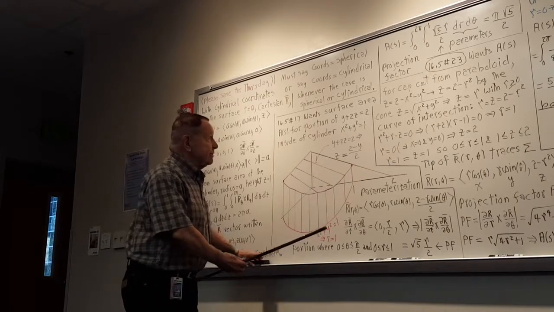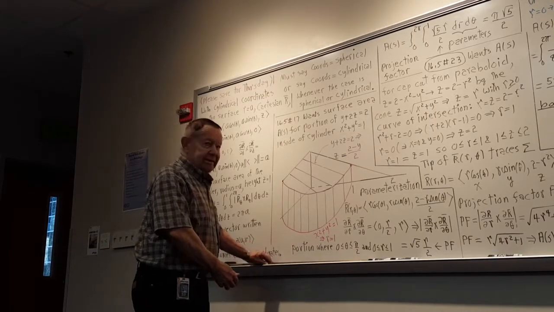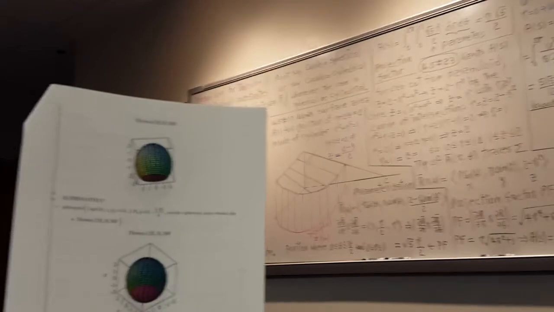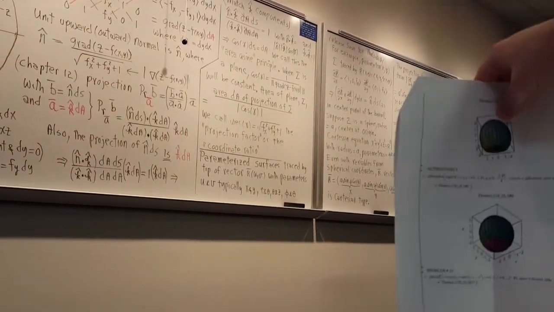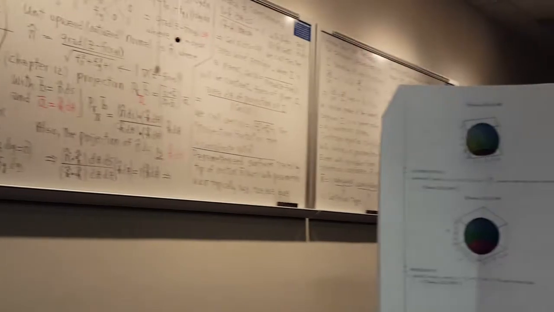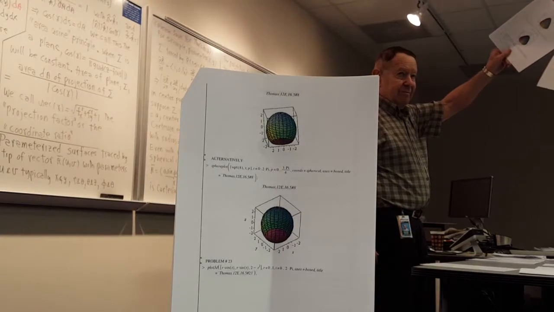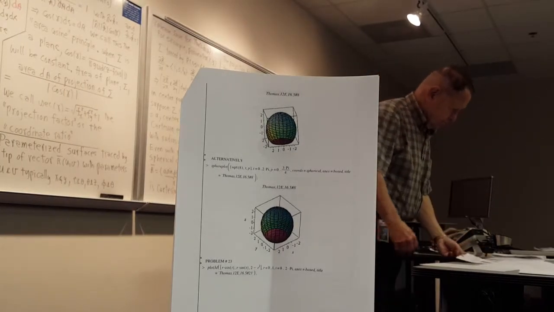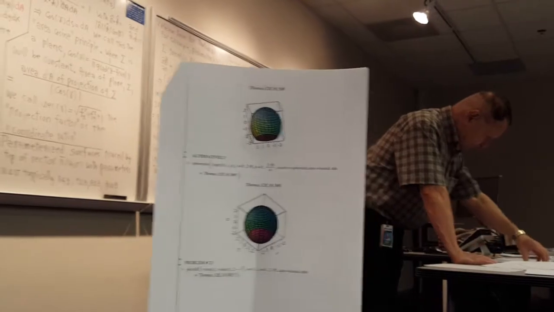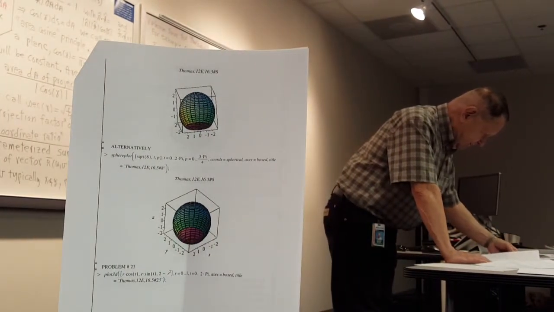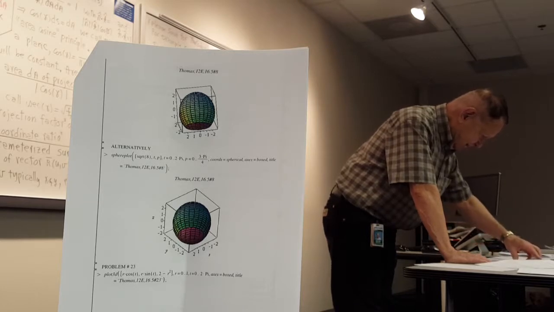So then let's look at 23, which is in the Maple. So you go to the back side of the next to the last sheet of paper, and you see a picture of 16.5, number 23.